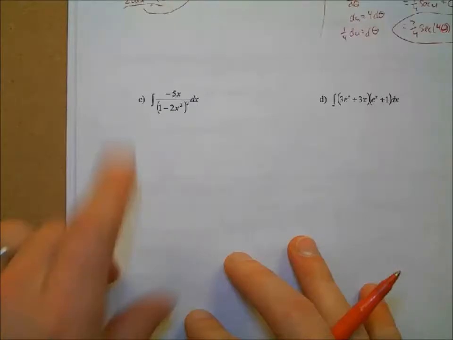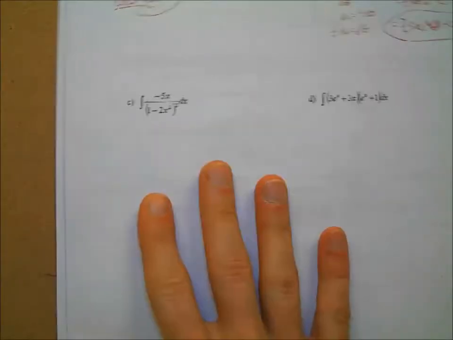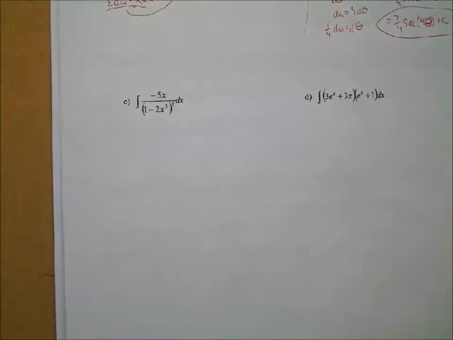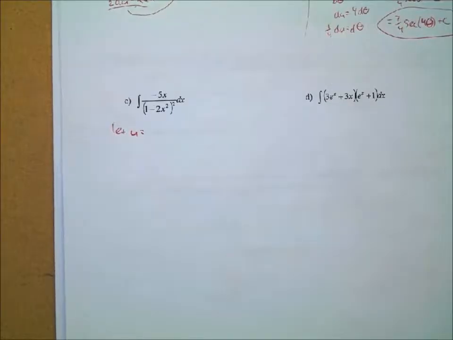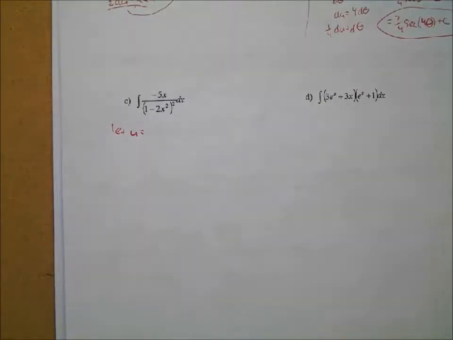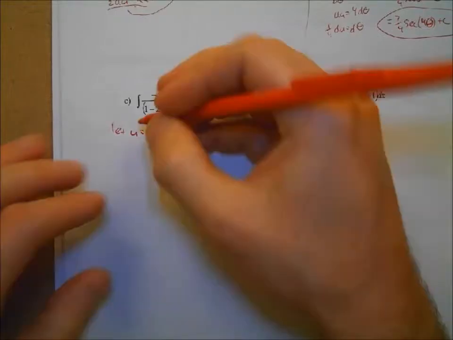Okay. Let's try letter C. All right, letter C. What should we let u equal here? What is the function inside of another function here? One minus 2x squared.